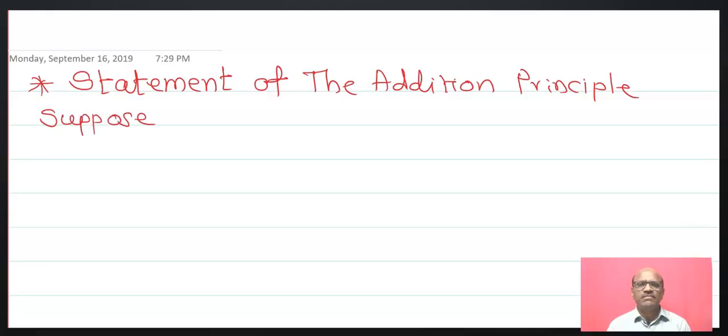Now the statement of the addition principle.